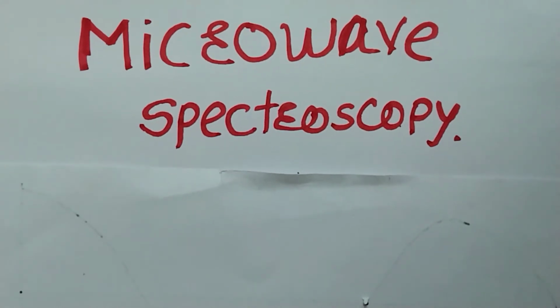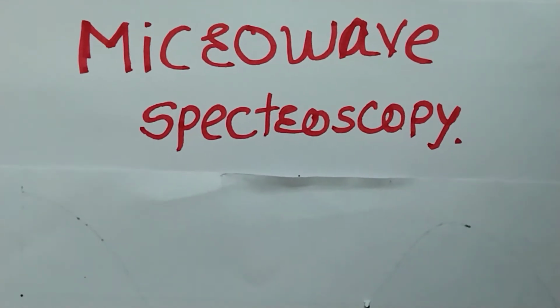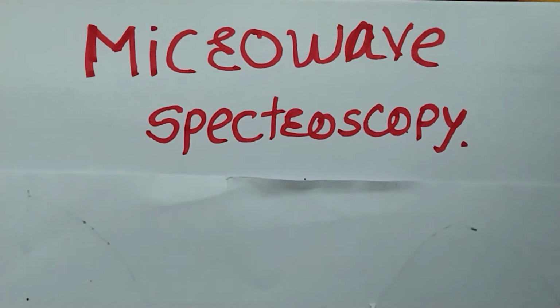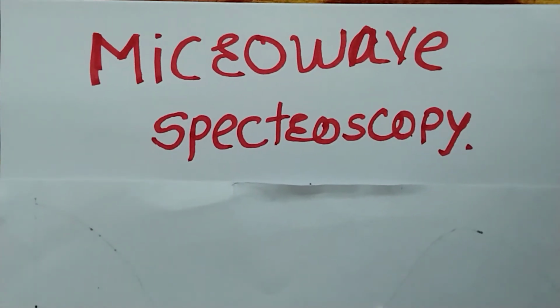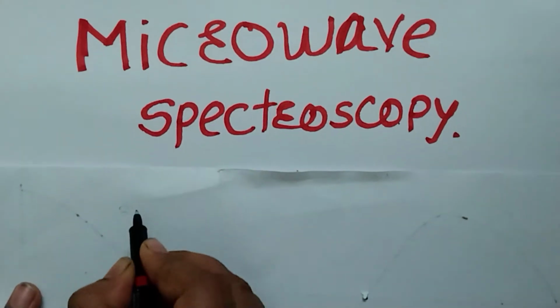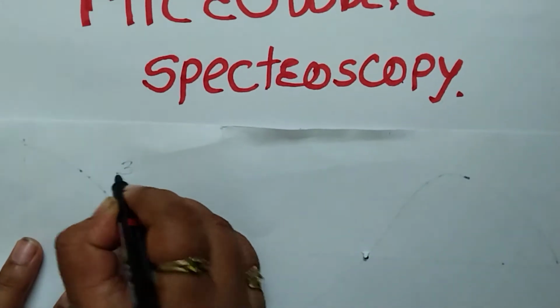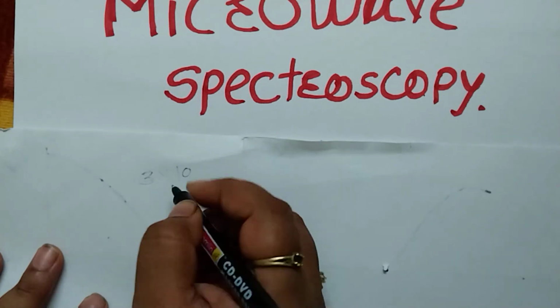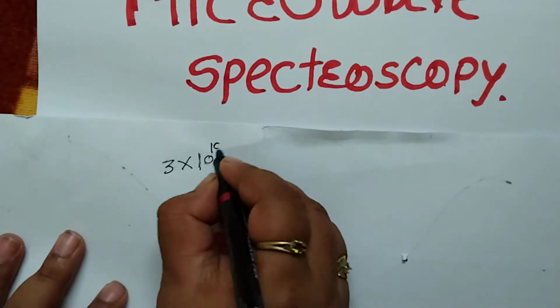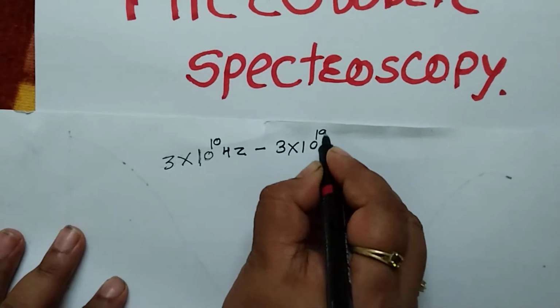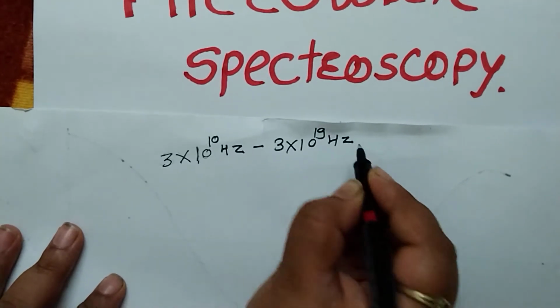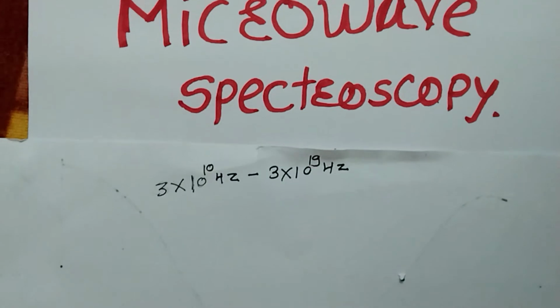So it is called microwave spectroscopy, also called rotational spectroscopy. The range of microwave spectroscopy is 3 × 10^10 hertz to 3 × 10^19 hertz in terms of frequency.